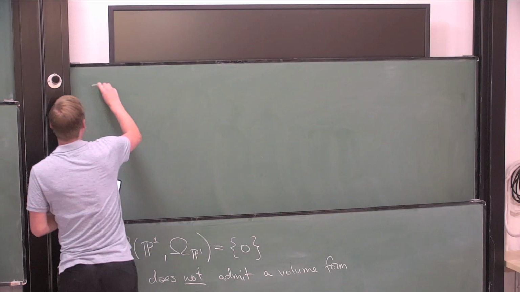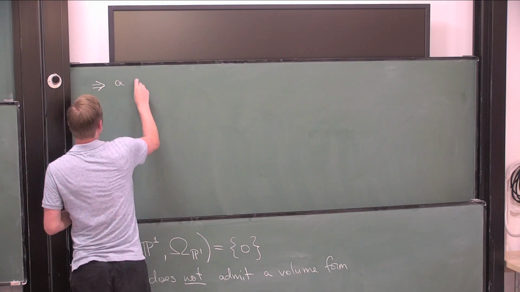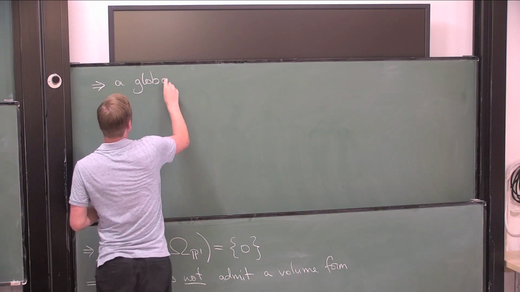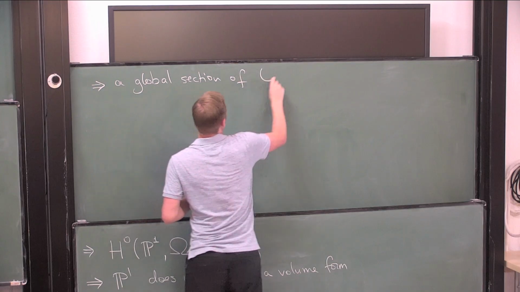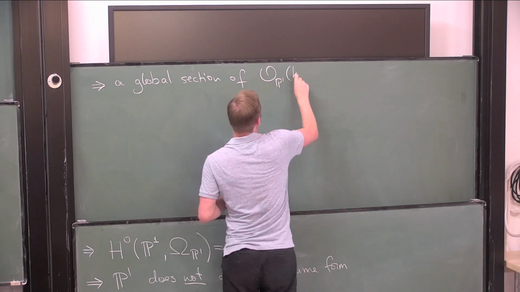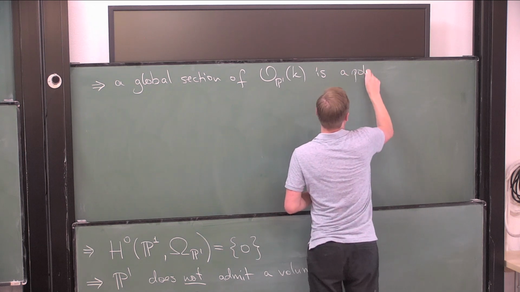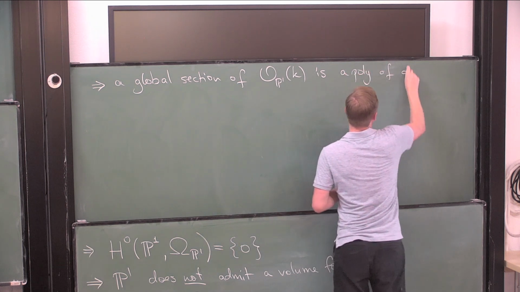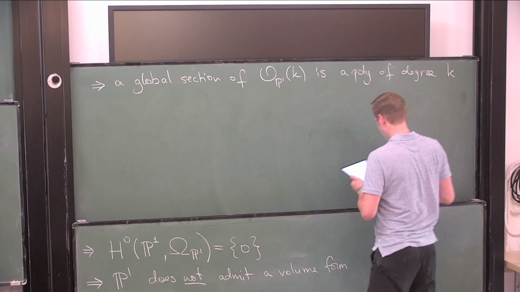Okay, so anyway, the conclusion, this is what I really want us to understand, is that a global section of these O of k bundles, on P1 of k, is a polynomial of degree k.